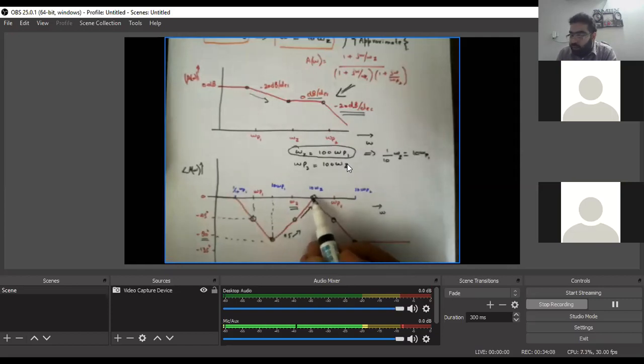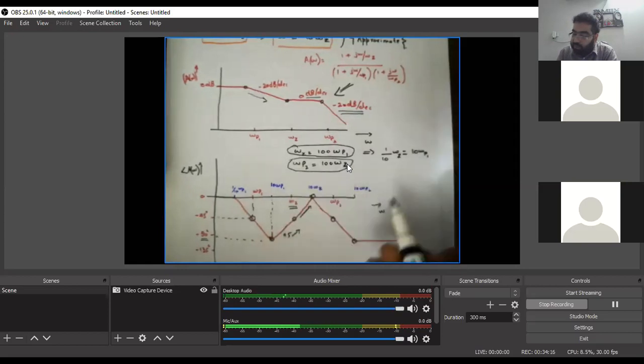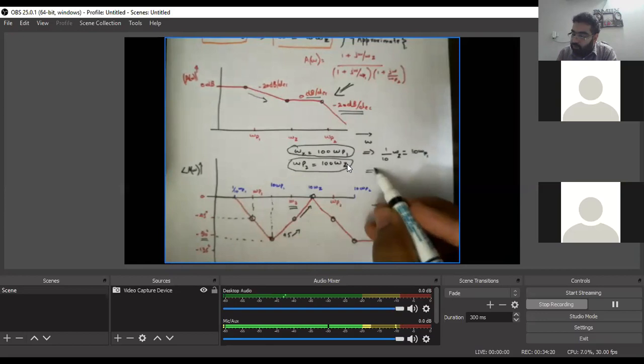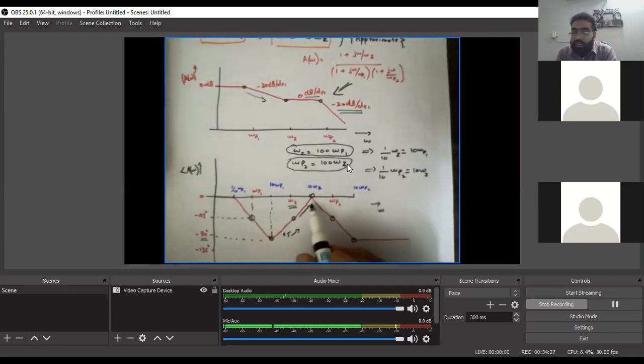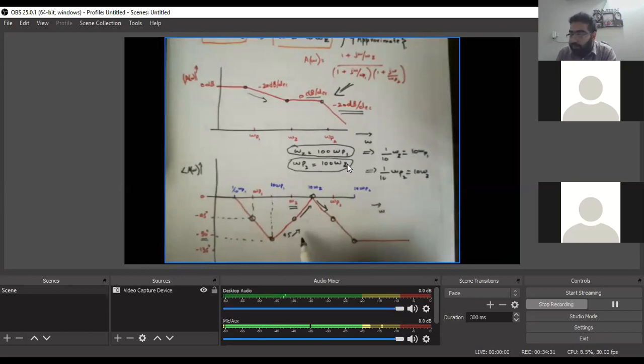But once we reach this point, we have a second pole whose effects start happening. Why? Because this point, 10 times omega z, is equivalent to 1/10 of omega p2. So at this point the second pole will start behaving, and we are again going to have -45 degree per decade.